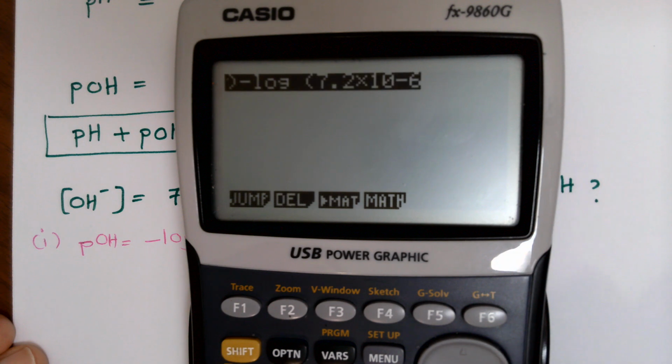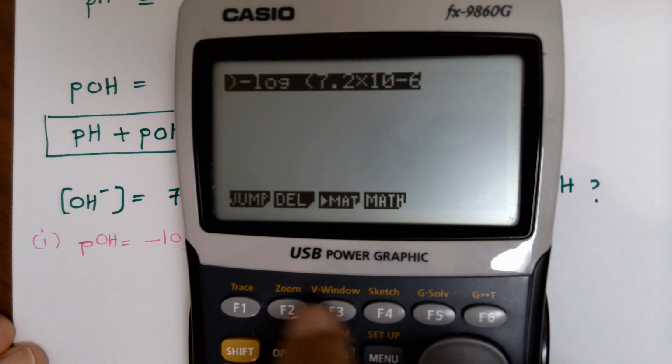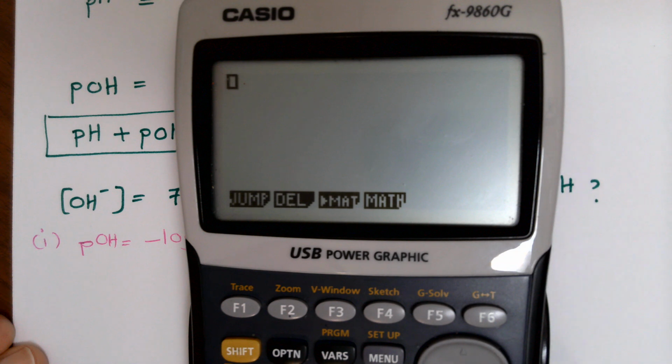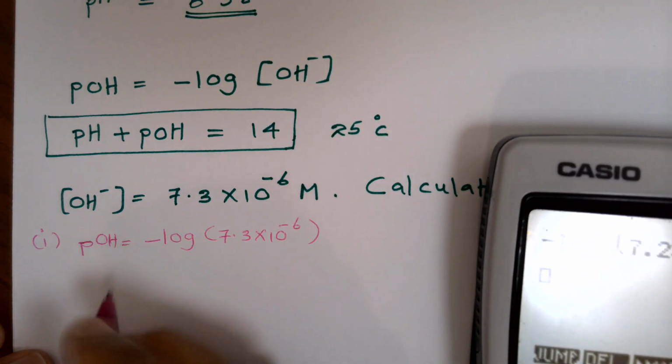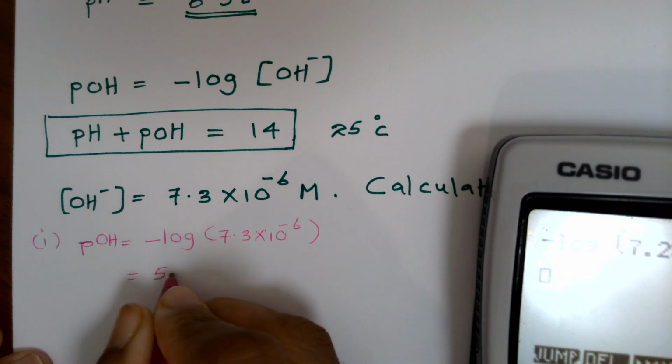Something is wrong in my calculator, sorry. I will retype negative log of 7.3 times 10 to the power negative 6. The answer is 5.14. So our pOH is 5.14.